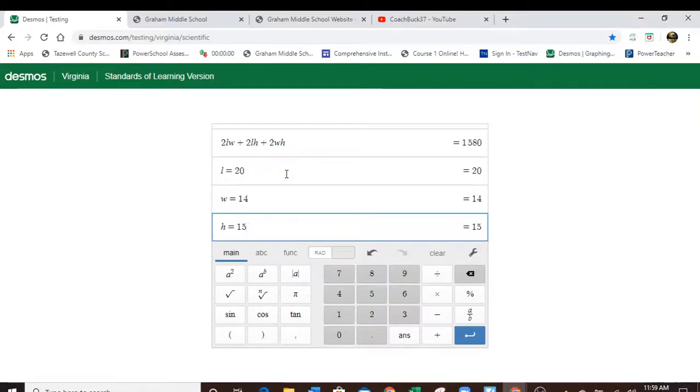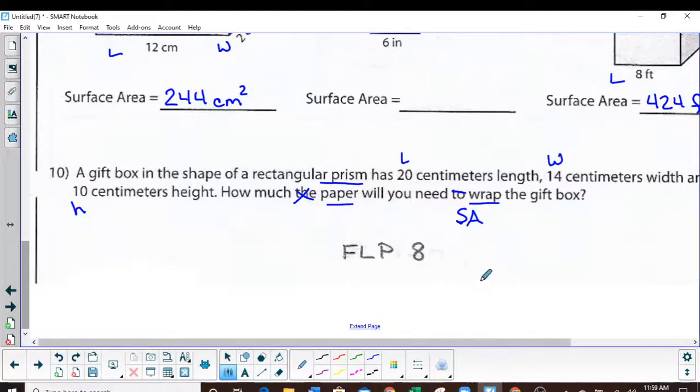And the height was 10. And we get 1,240. 1,240, and it is centimeters, and it's surface area, so it's square.